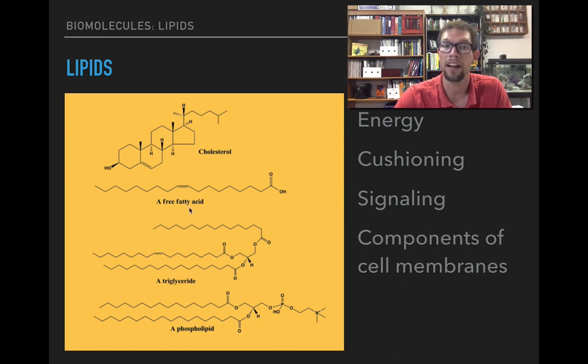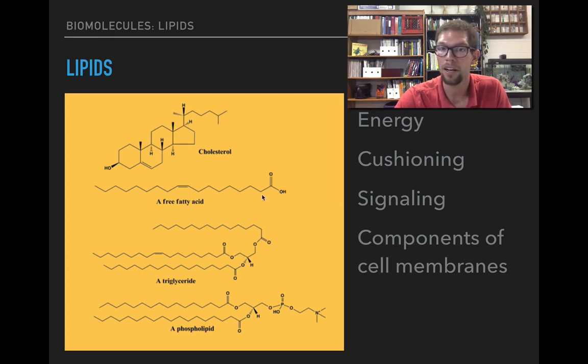We also have free fatty acids. So if you look at this, you can see there's a lot of carbon-carbon bonds with some hydrogens coming off. And eventually this ends in a carboxyl group, also known as a carboxylic acid group. So you end up with free fatty acids.